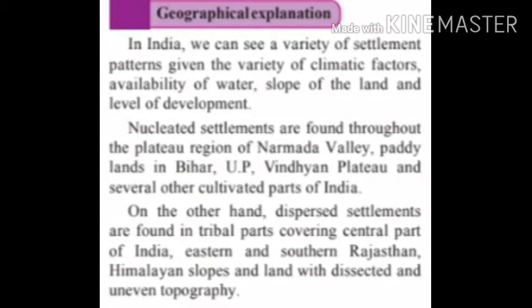But nowadays, due to scientific progress, modernization and urbanization, urban settlements are increasing. In urban areas in India, nucleated settlement is found. It means there is a compact settlement, very close to each other, because we know that in urban areas there is more population and less land.